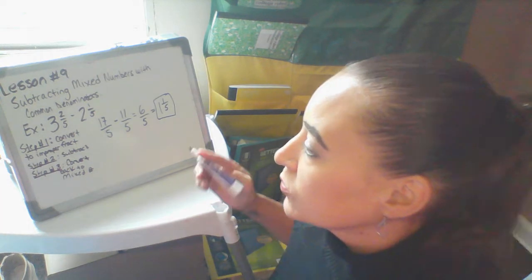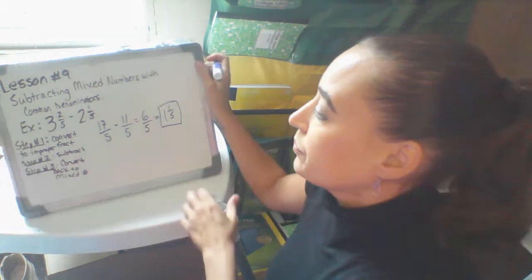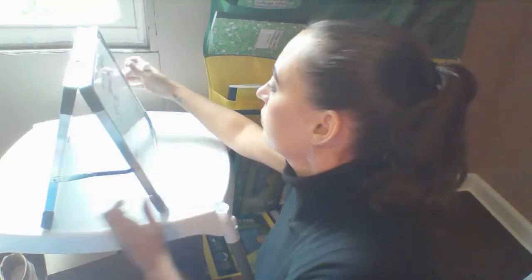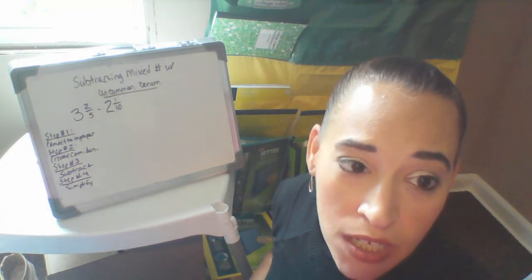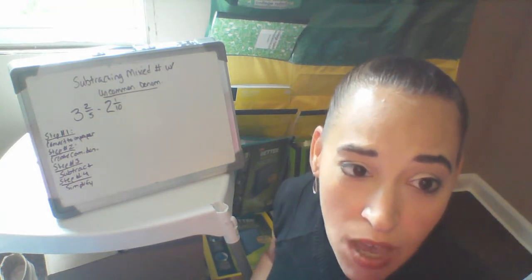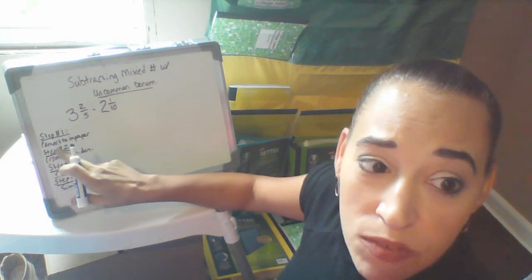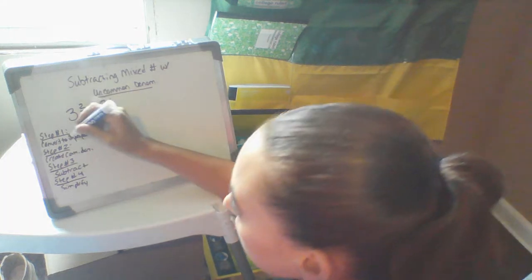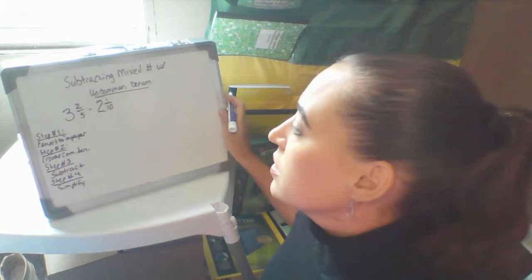Okay, let's try one when they don't have a common denominator. All right, so we have 3 and 2/5 minus 2 and 1/10. So step 1, it says convert to improper fraction, okay?